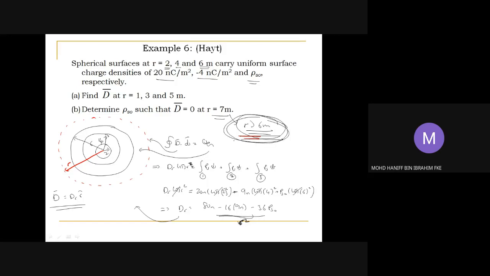So it means that r equal to 7 can be substituted in this equation because r equal to 7 meter is outside 6 meter radius.